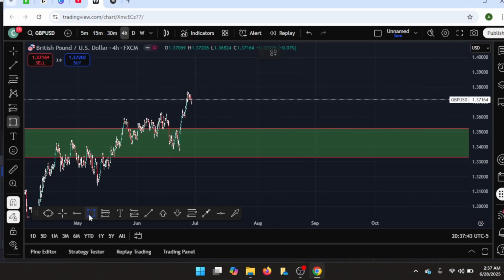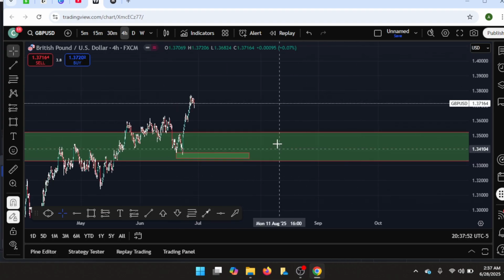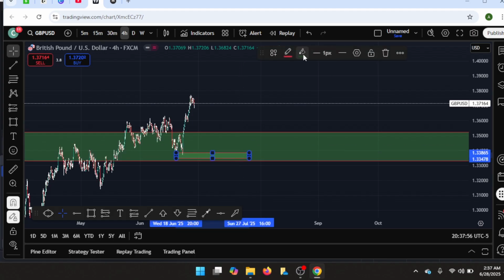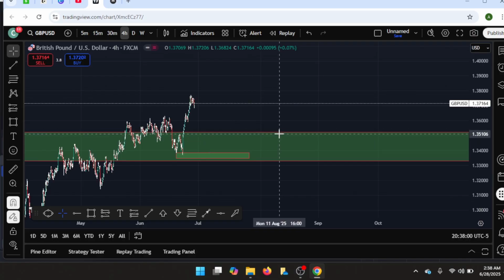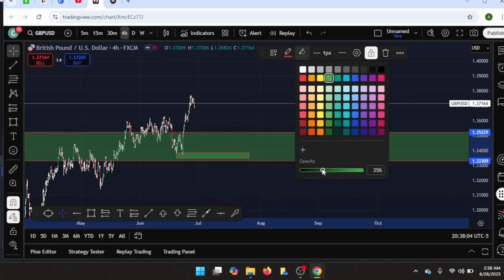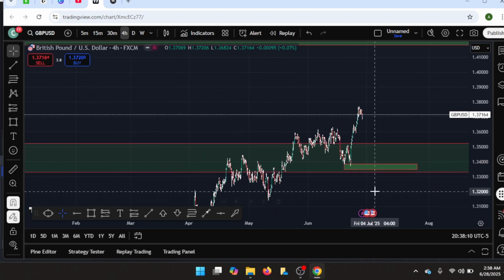Currently, I pick my tools. This is my current low. I think I should make this a little bit dark, or let me make this one light, so that there can be a difference. Good.